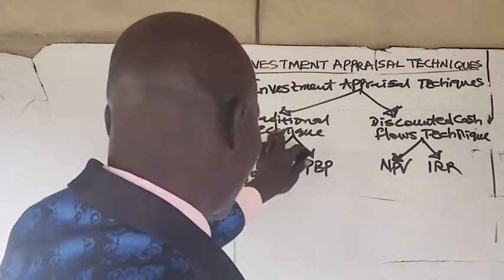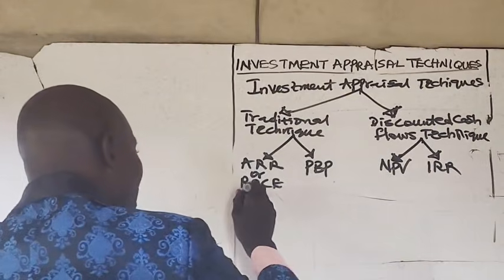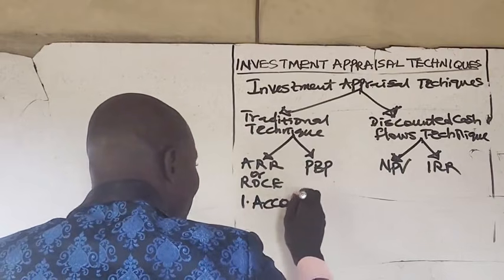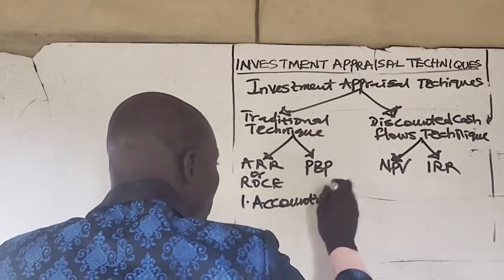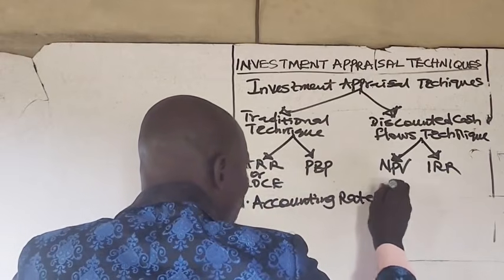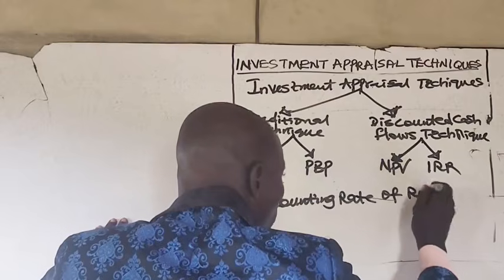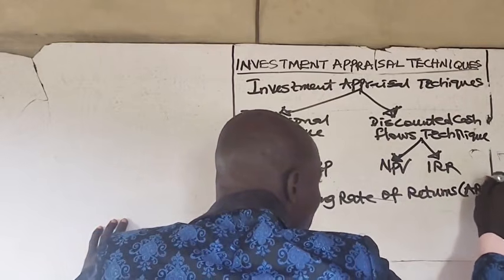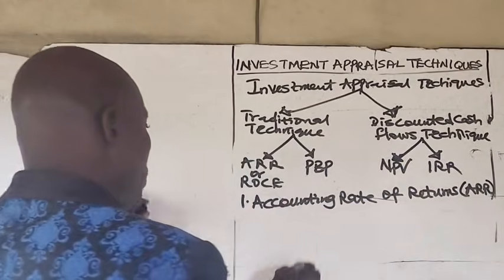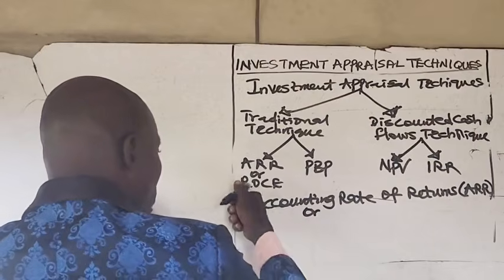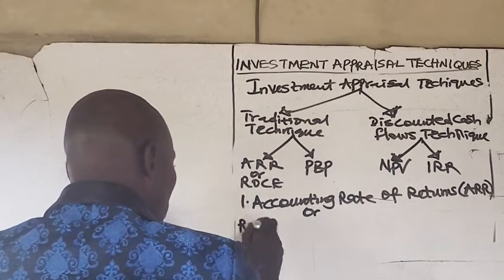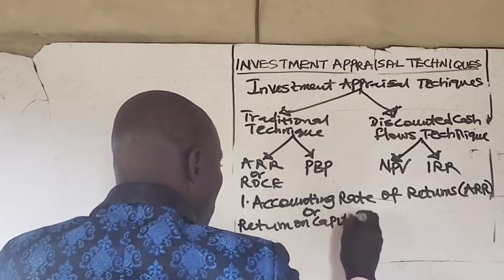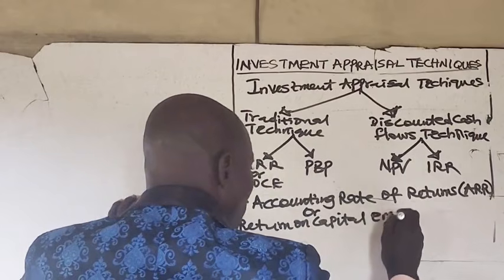So we are starting with the traditional techniques. Under this, we'll be looking at the accounting rate of returns, ARR, or ROCE, return on capital employed.